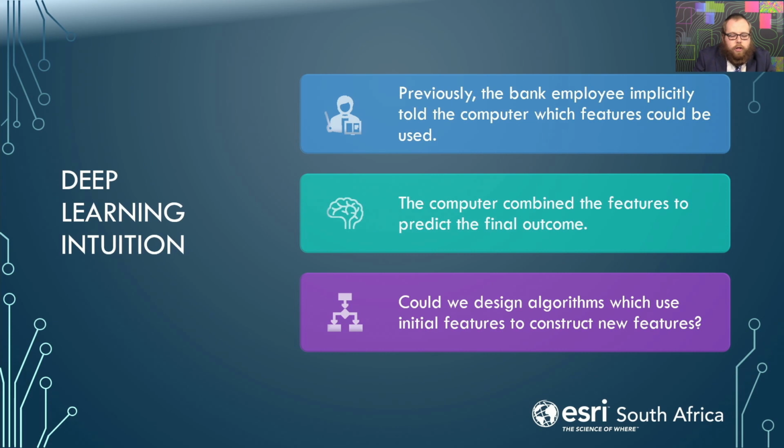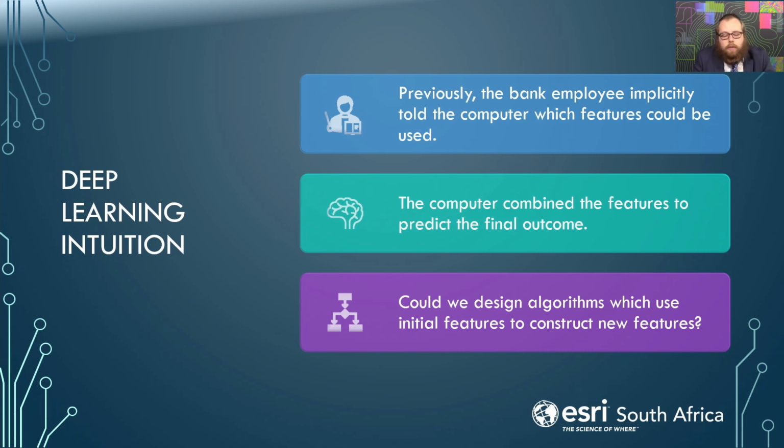To give an intuition into what deep learning is, let's go back to our typical machine learning example of loan applications. There, the bank employee implicitly told the computer which features it's allowed to use. It doesn't have to use every feature we provide to it. But if a feature is not provided, the computer cannot use that feature to predict.